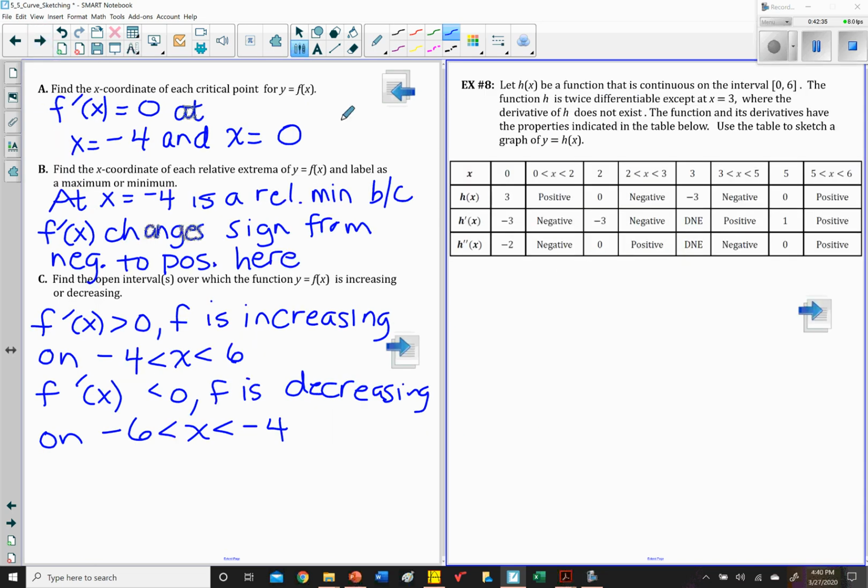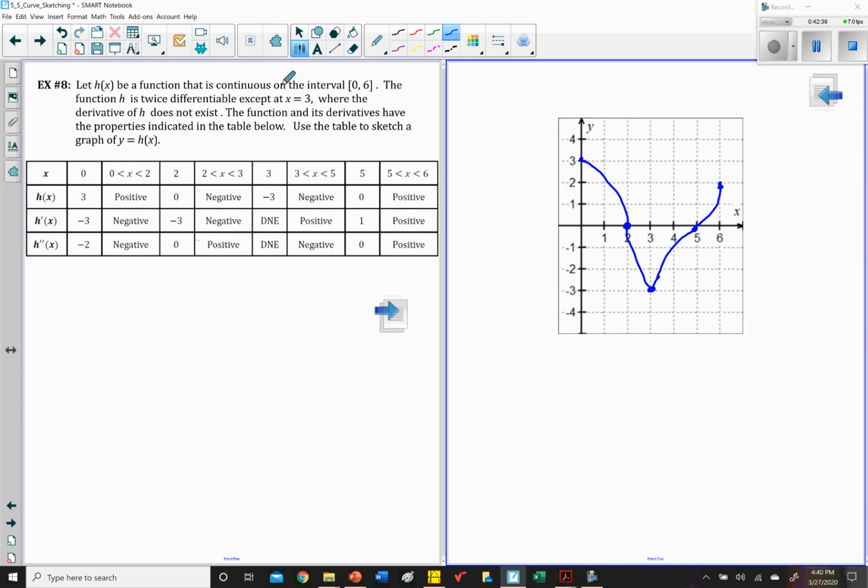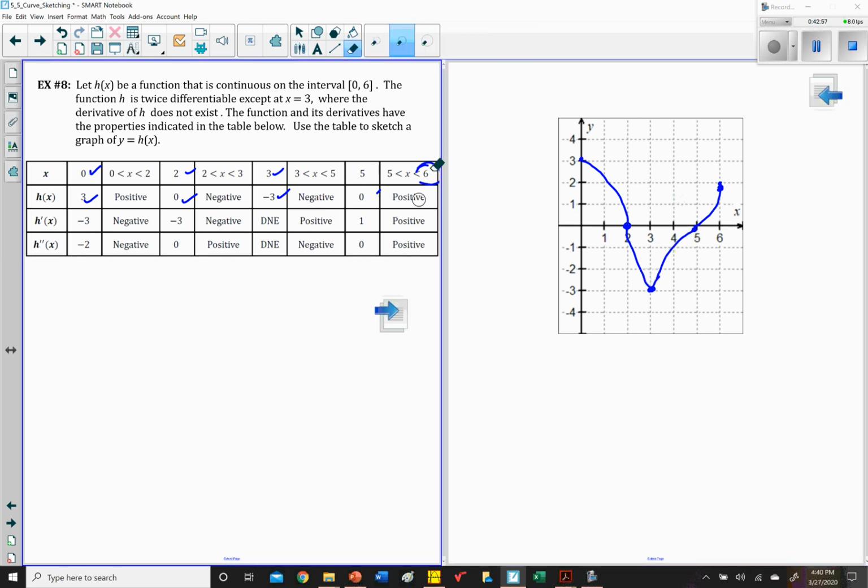Okay, in this case, we're going to look at a table. I think I've already pre-drawn the graph just for speed's sake. So I looked at the table, I saw 0, 0, 3, 2, 0, 3, -3, and 5, 0. We stopped at 6. They didn't give us a point to stop. I just picked a point anywhere arbitrarily.